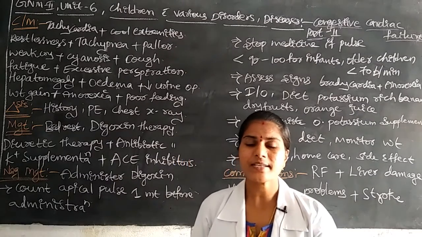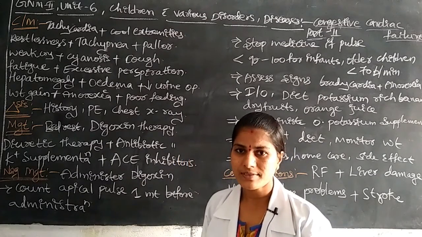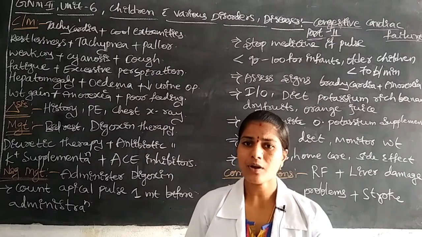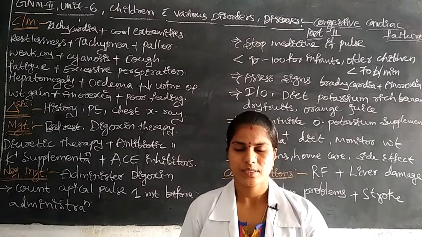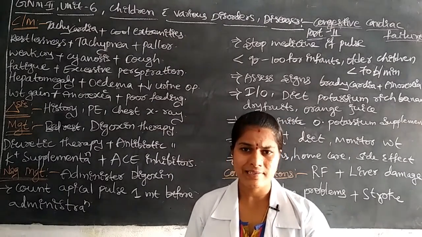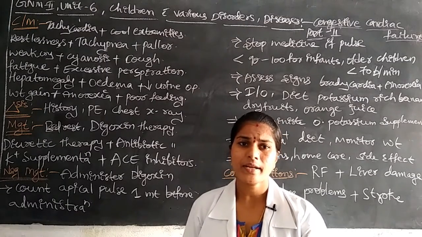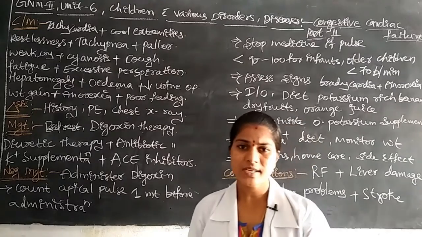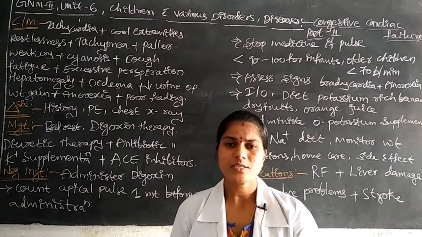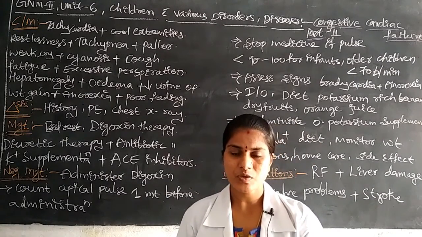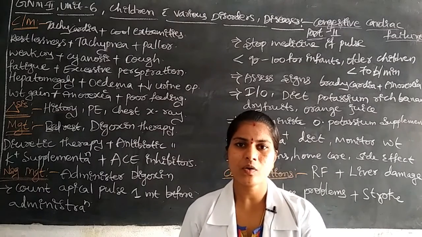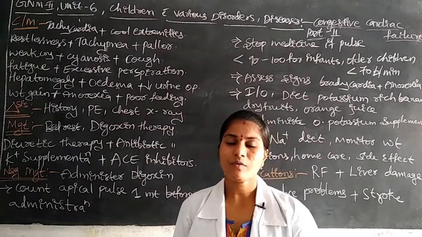Once a child is suffering from a disease condition, that is cardiac failure, how will we know that the child is suffering from this type of disease? Depending upon their symptoms. Once the child is affected by this disease, we will see some clinical manifestations, some signs and symptoms, in the child.